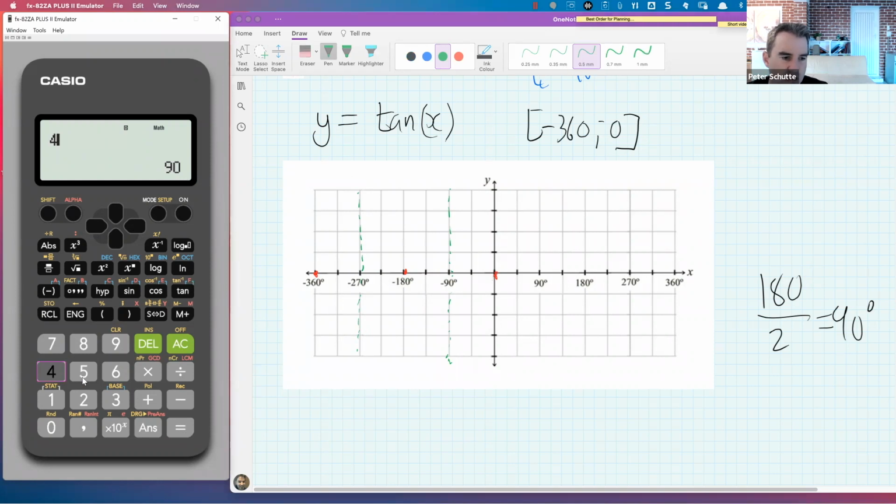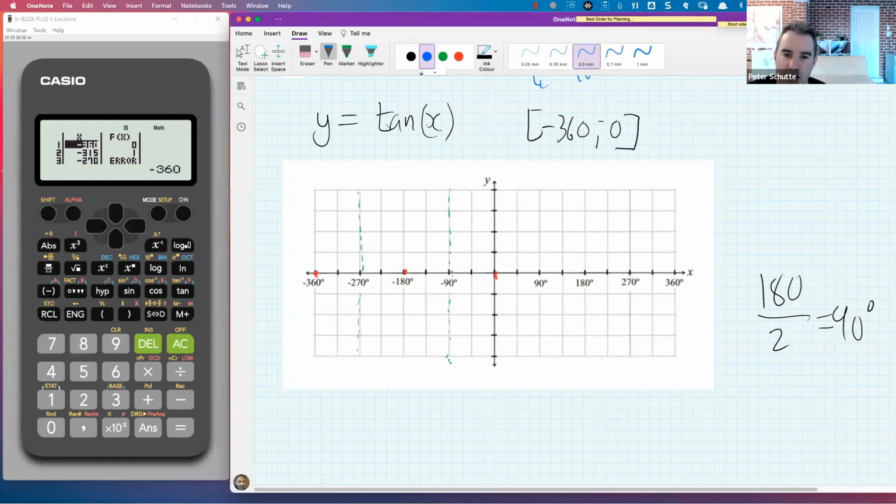If you want to change the step size to 45, you'll now get points, for example, minus 315 is at 1. We'll make that 1, that 2.